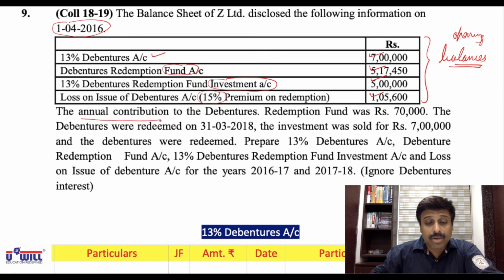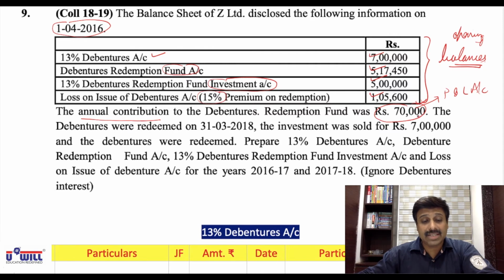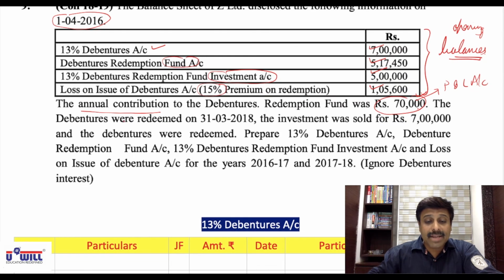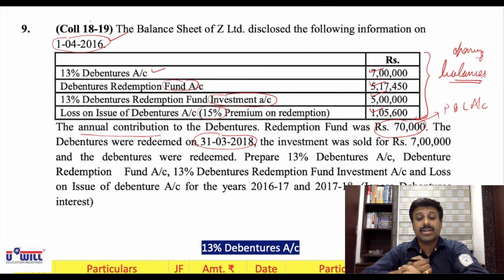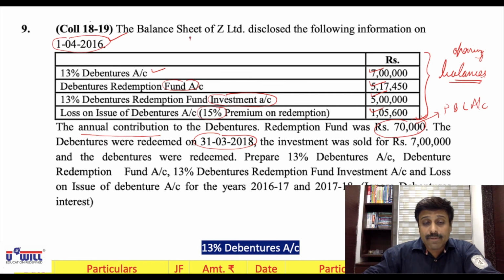The annual contribution to the debentures redemption fund was 70,000. So P&L account debit, debenture redemption fund credit every year, the amount to be transferred is 70,000. The debentures were redeemed on 31/3/18. Now these balances are given on 1/4/16 and debentures are redeemed on 31/3/18. It means we have to pass the entries for the last 2 years only.